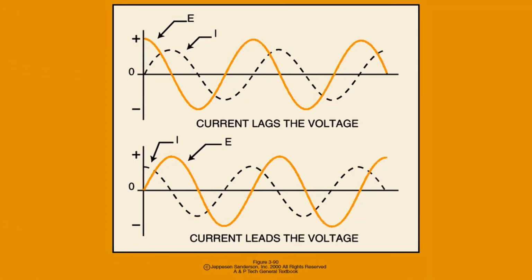On the top portion of this diagram, we see an illustration of when the current represented by the dotted line peaks after or lags the voltage, represented by the solid line. Below that, we see an illustration depicting current leading voltage.